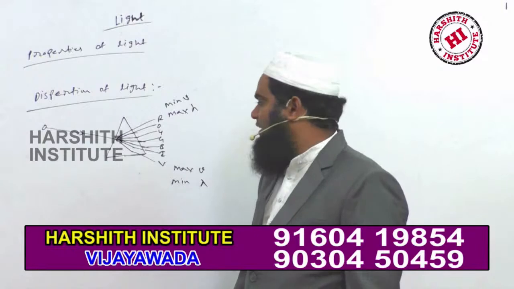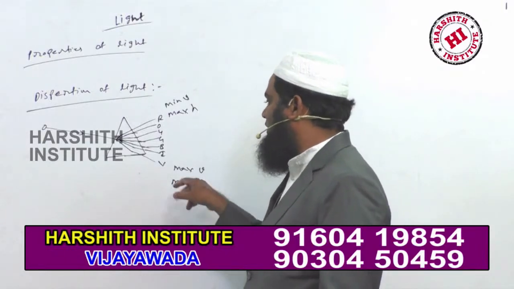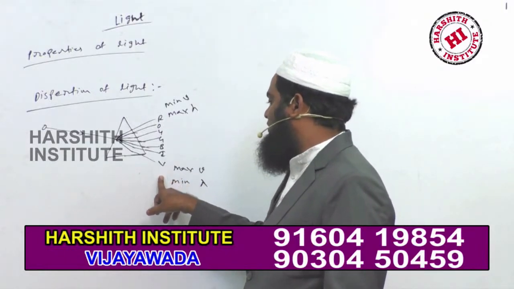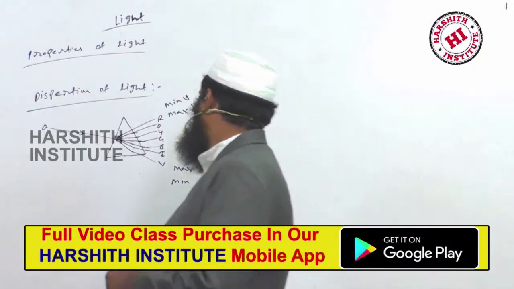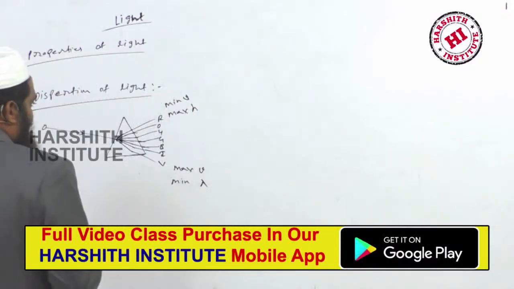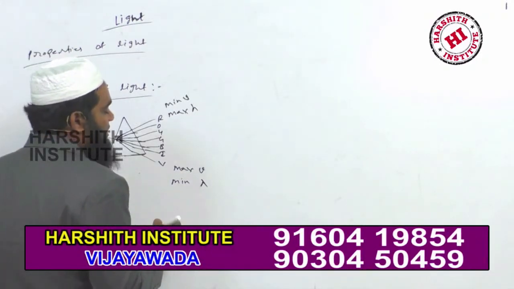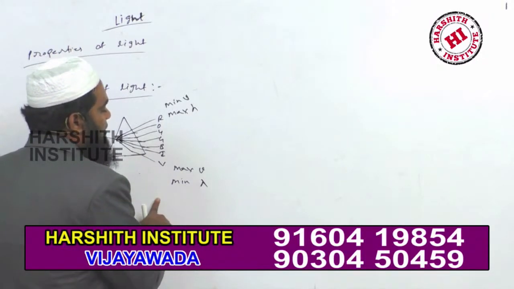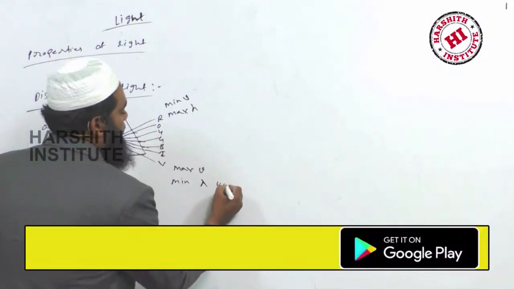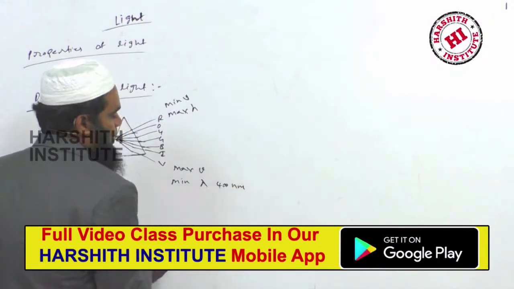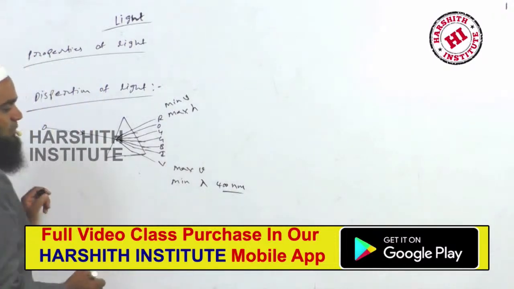Okay, in these 7 colors, the maximum frequency is the violet color. The minimum frequency is the red color. So the minimum wavelength is the violet color. The wavelength value will be here 400 nanometers. This is the minimum wavelength.